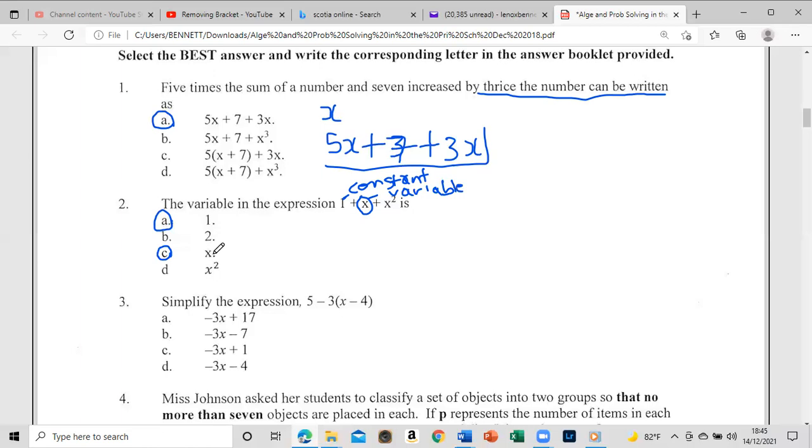Yeah, x. X will be the variable. So 1 would be the constant, the coefficient. Any number in front of x is a coefficient. So like this, the coefficient is 3. If it's 4x, the coefficient is 4.